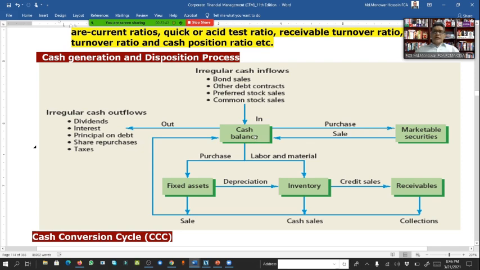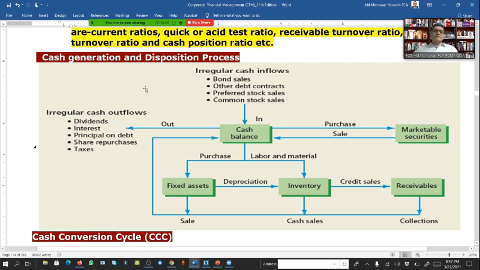And also our sales from operations come as a regular cash flow. And some are irregular outflows, some are regular outflows. Regular outflow means we are paying the creditors' bills, other expenses, etc., for the operation.